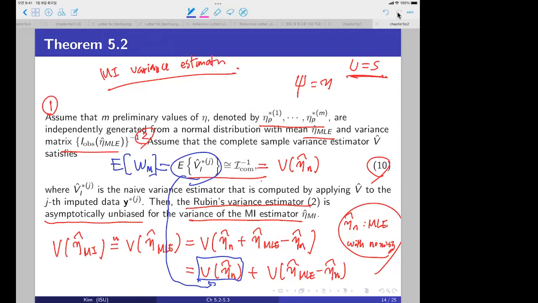Because WM is nothing but the average of the V hat I. So the W term essentially is estimating the complete sample variance. And so what we eventually want to show is that this is estimated by BM.